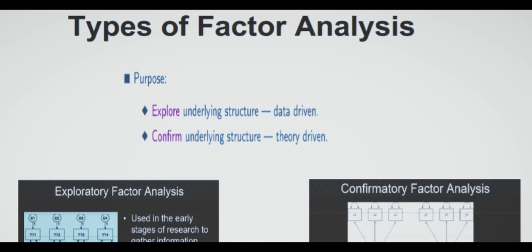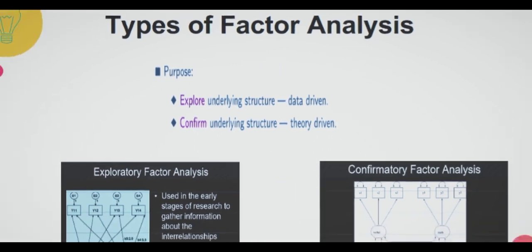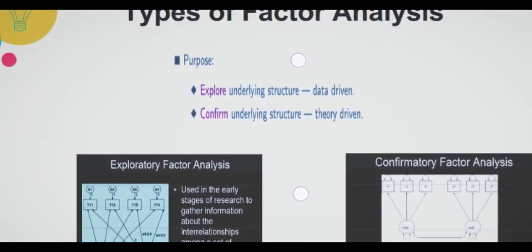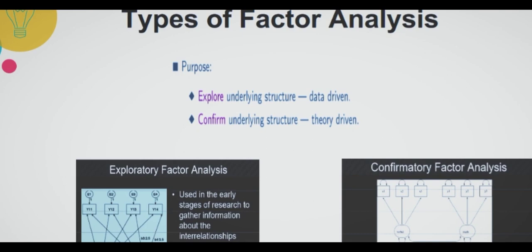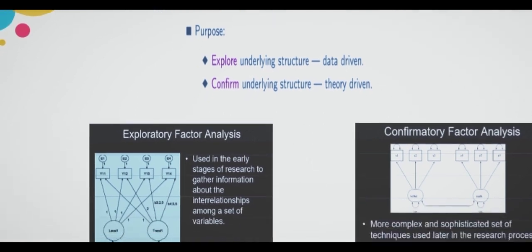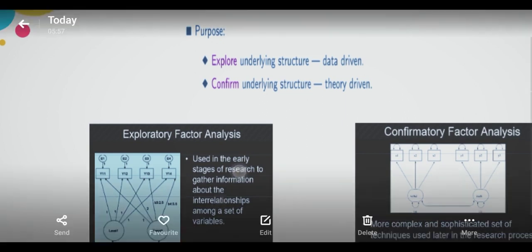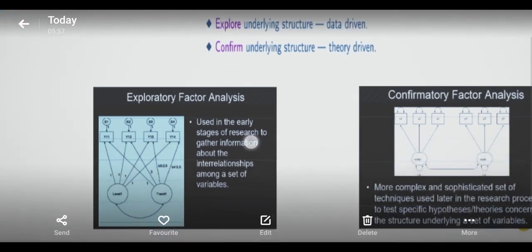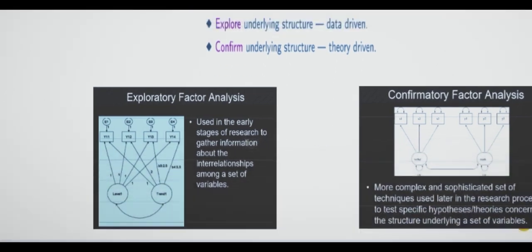Yang ni kita hanyalah we explore the data, which is dinamakan exploratory factor analysis. Okay, it is used in the early stages of research to gather information about the interrelationship among a set of variables. So yang ni yang kita tengah buat sekarang ni, yang dah belajar sebelum ni adalah EFA, which is the exploratory factor analysis.